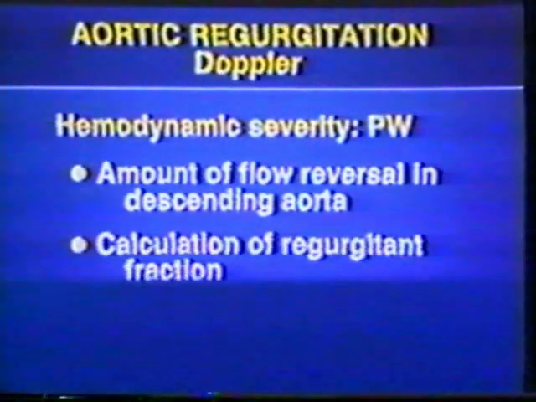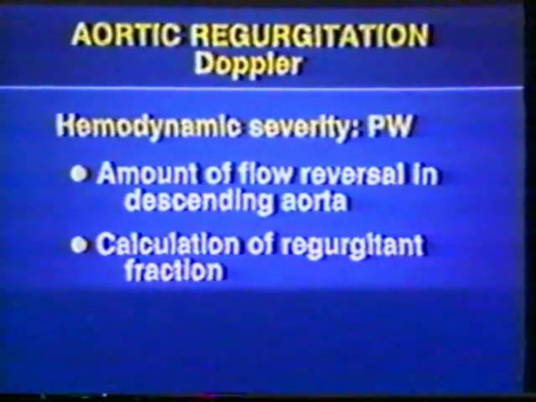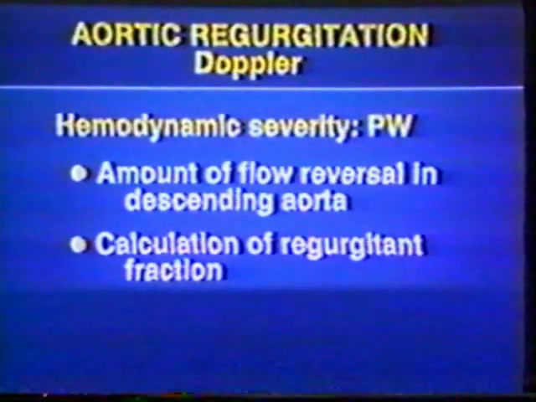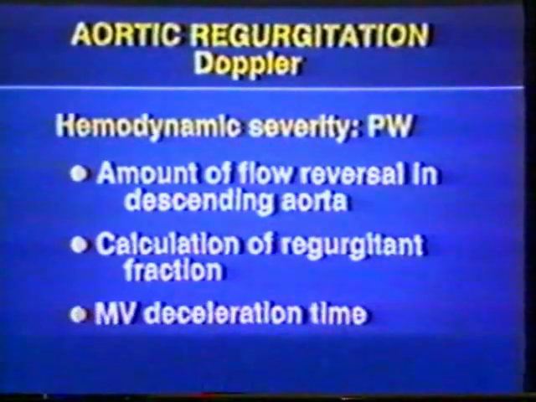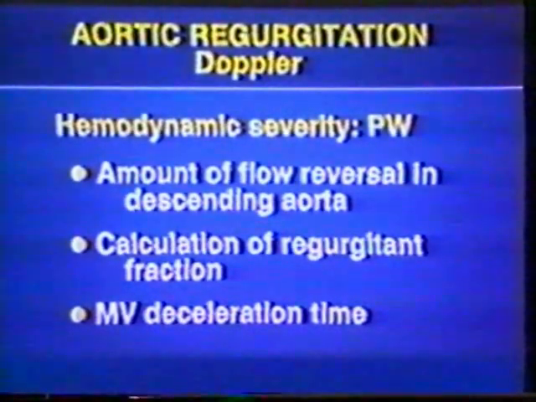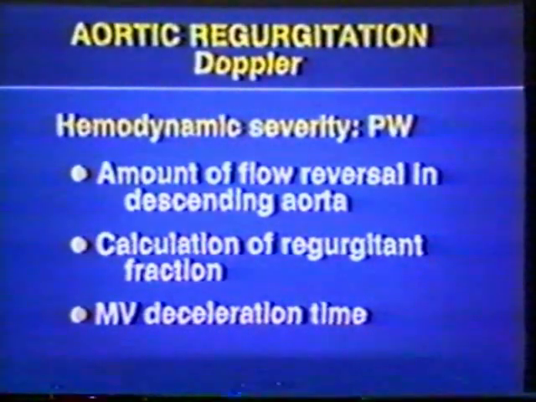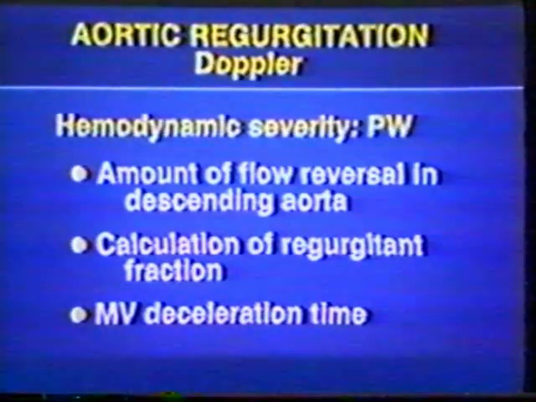Regurgitant fractions may be calculated by utilizing pulsed wave Doppler and 2D echo to compare flow in the left ventricular outflow tract with flow at various other positions in the heart, such as across the mitral valve. These measurements are quite tedious. We do not routinely use them in clinical assessment of aortic regurgitation. Severe aortic insufficiency will cause a reduction in the mitral valve deceleration time, which is also assessed using the pulsed wave mode.